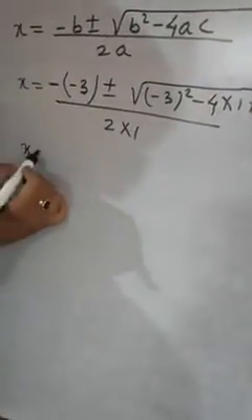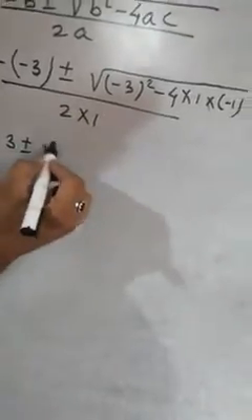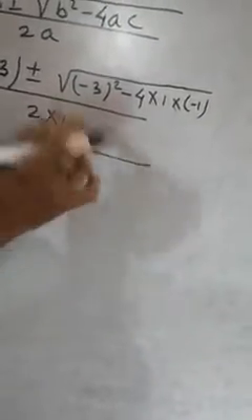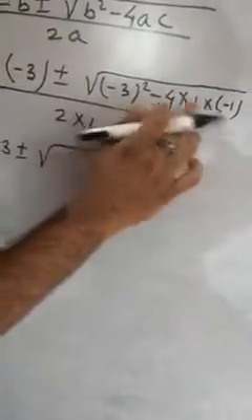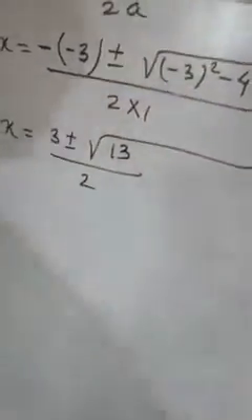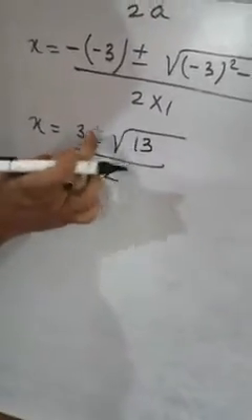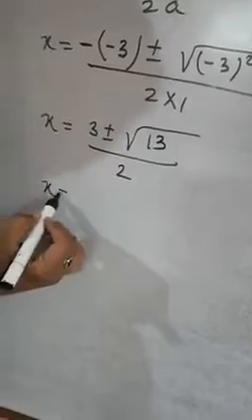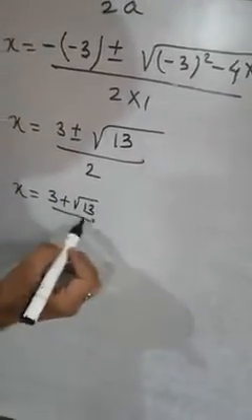So here we got x equal to minus into minus 3 plus minus square root of 3 square plus 4 into 1, upon 2. Just now we solved this: 9 plus 4 is 13, upon 2. So this is the answer of the quadratic equation. Here the plus minus sign is there, so we can write one time plus: 3 plus root 13 upon 2.